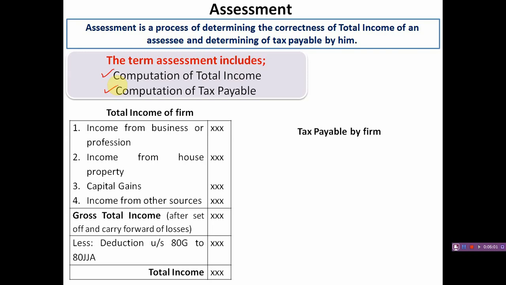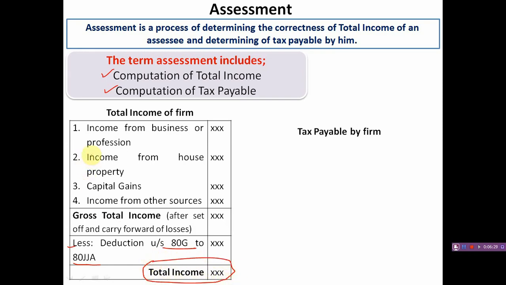So a firm can have only 4 heads of income: income from business, income from house property, capital gain, income from other sources. If we aggregate these incomes, it is the gross total income, and if we deduct the deduction under section 80G to 80JJA, that is the total income of the firm.